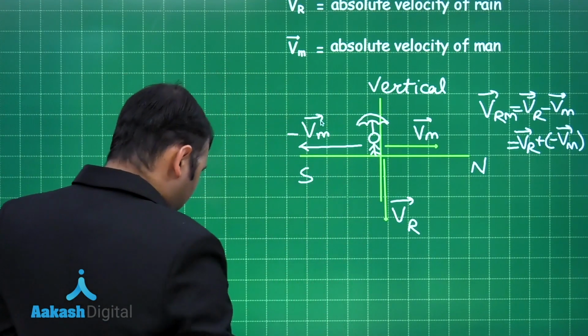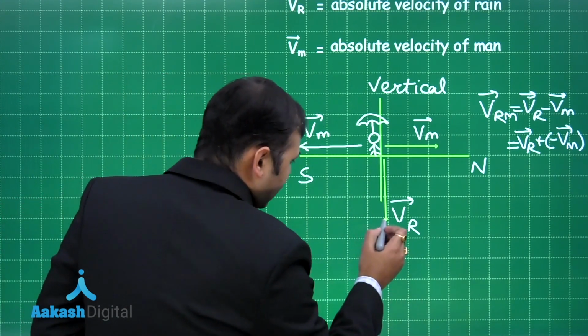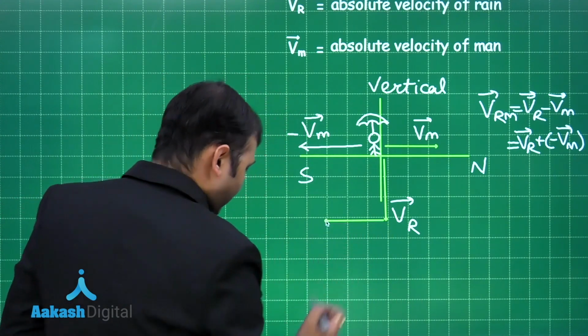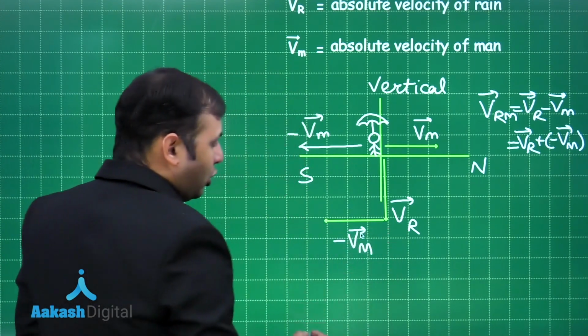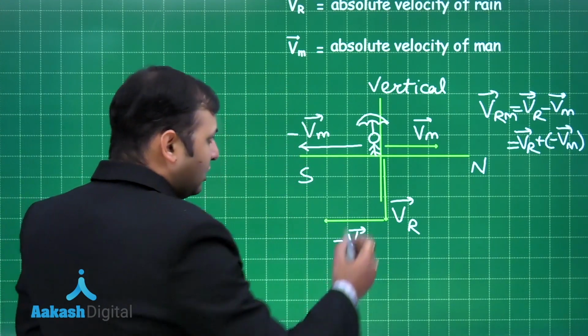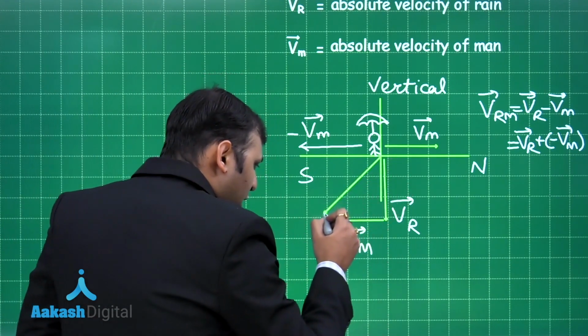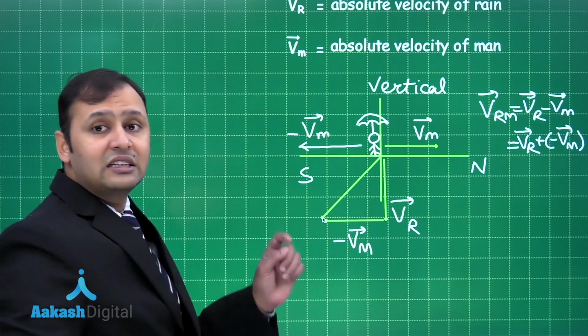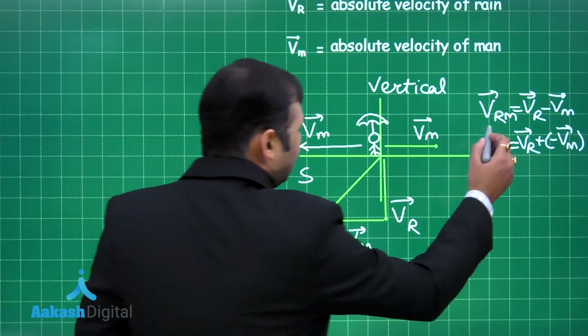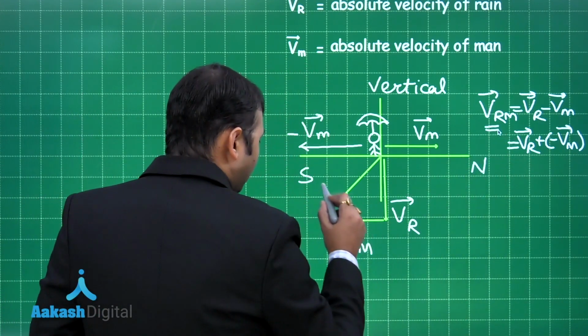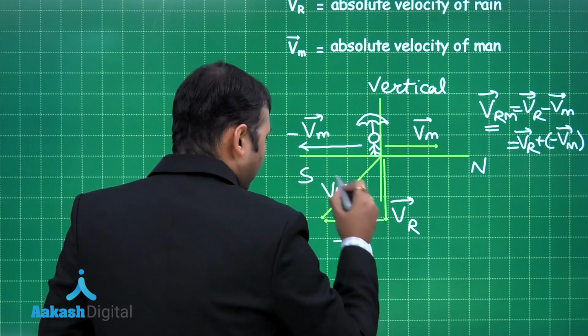Now if you shift this vector from here to here, you will find that this is the value of minus VM. Now if you join the tail of this vector to the head of this vector, you will get the resultant. And what is the resultant named as? Yes, it is named as VRM, that is the VRM vector.